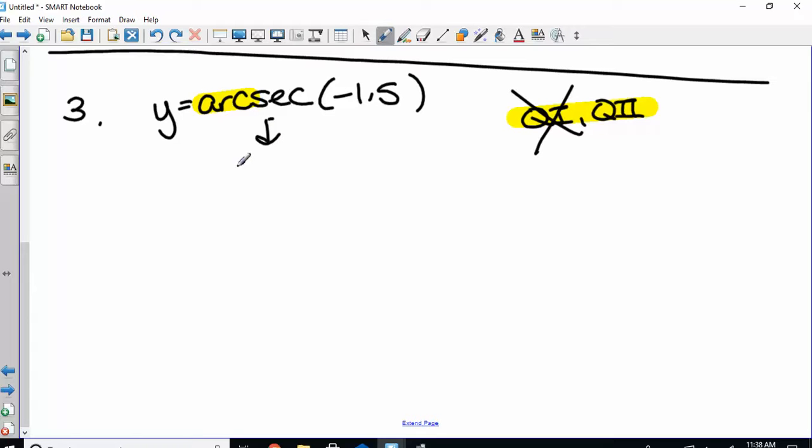We know that secant is the reciprocal of cosine, so that means cosine inverse is 1 over that. Now remember, I've told you don't put the negative in your calculator because sometimes it gives you the right answer and sometimes it gives you the wrong answer. So to be safe, we just never put the negative in.